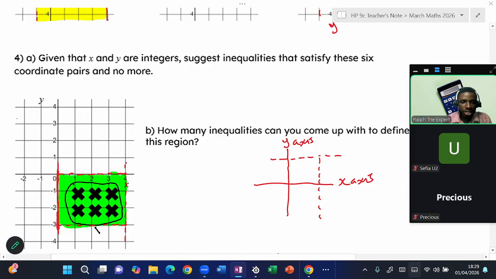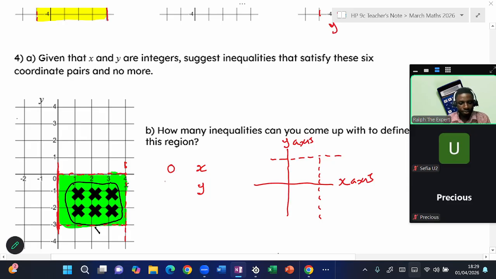So we're going to first deal with the x, and then we'll deal with the y. We're also going to deal with the numbers. We have 4 lines here, so that means we have 4 numbers we are dealing with. The thick line is on 0. I told you when it's crossing up. So where is it crossing? It's crossing at 0 on the x-axis. So we have 0 there.